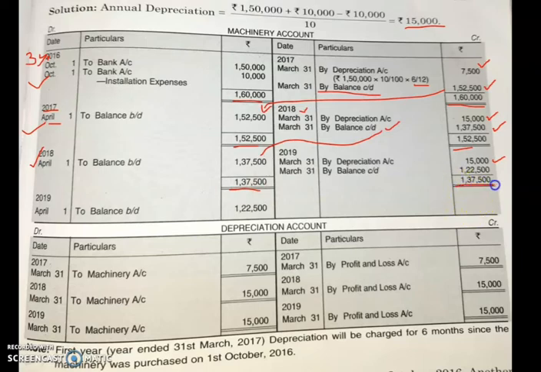Here also 1,37,500. The difference between 1,37,500 and 15,000, you will get 1,22,500. Okay, so again this will be brought to the next year, and 2019 April 1 you will write that balance, and you are asked to prepare only for 3 years, so your working will stop over here.